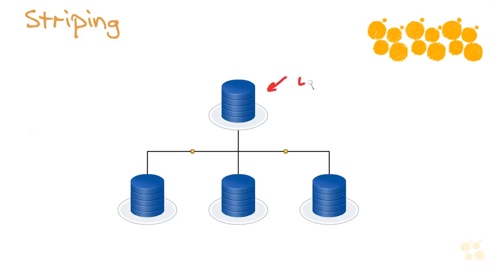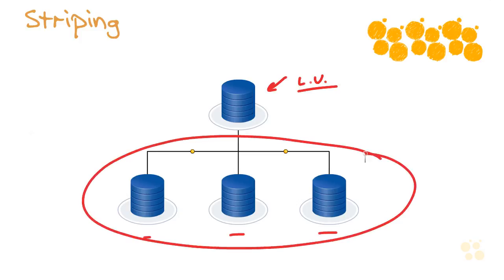Once again, our logical volume that's presented to users, once again, are physical disks in a RAID set or group. And this time with striping, the information is going to be written across the disks. So we'll write some information here, then here, then here.